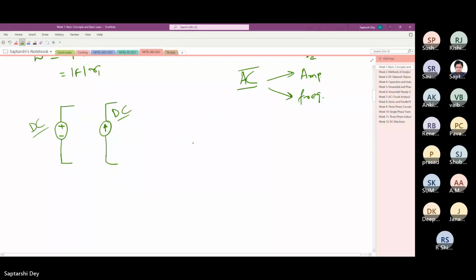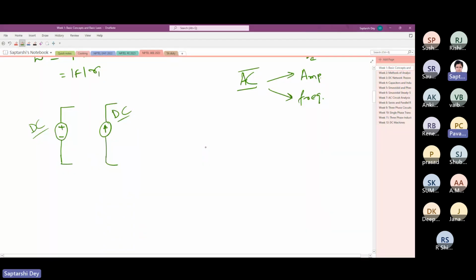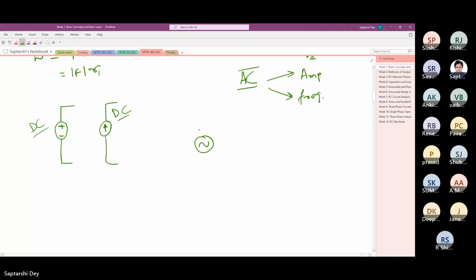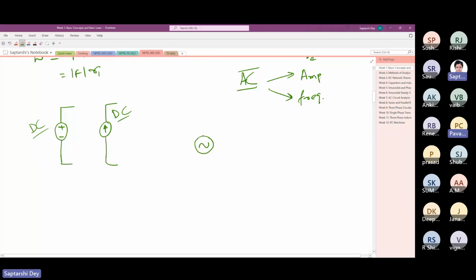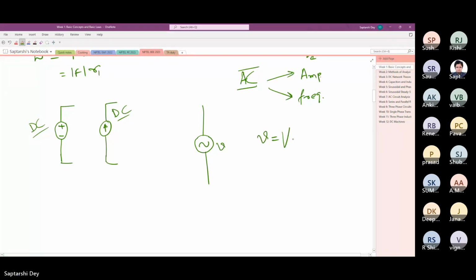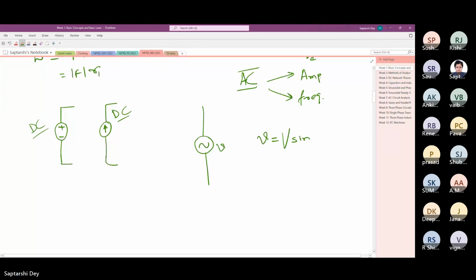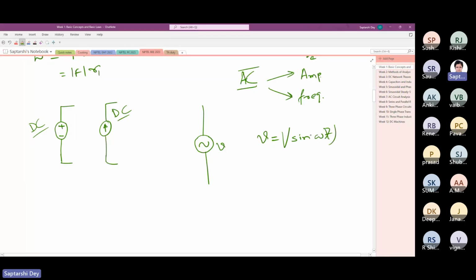All right. Suppose I have an AC voltage source, like this. And I say that the voltage v equals V sine omega t. Now I have several questions.